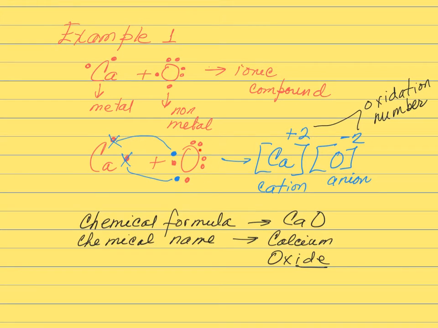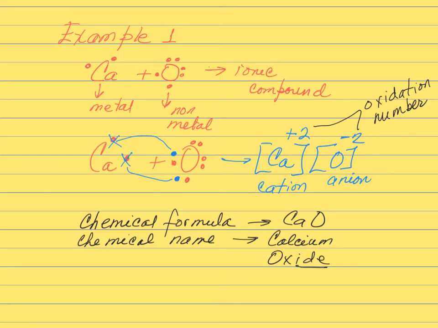For the non-metal, the 2 electrons that calcium was losing, oxygen is going to gain them, and that way oxygen is going to reach chemical stability. You count the number of dots over here: 1, 2, 3, 4, 5, 6, 7, 8.